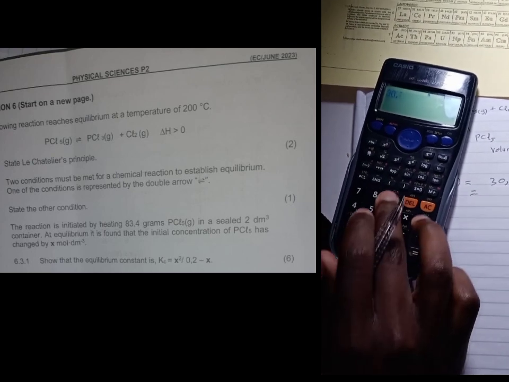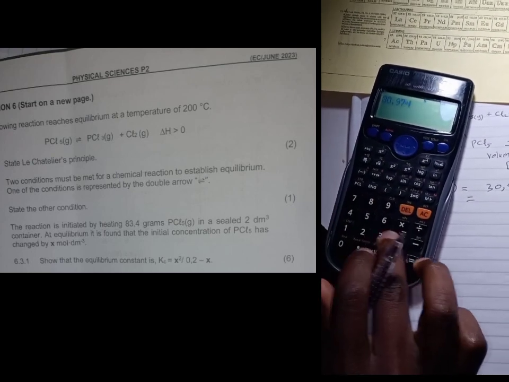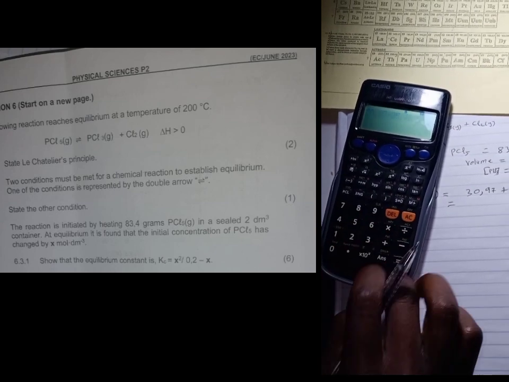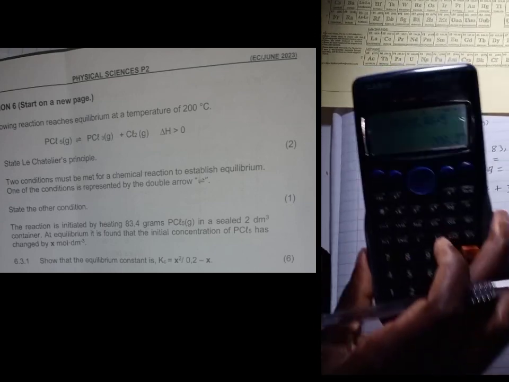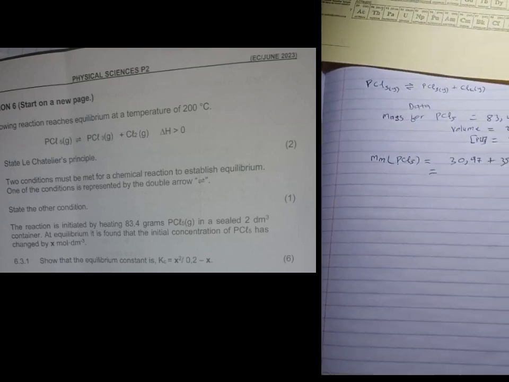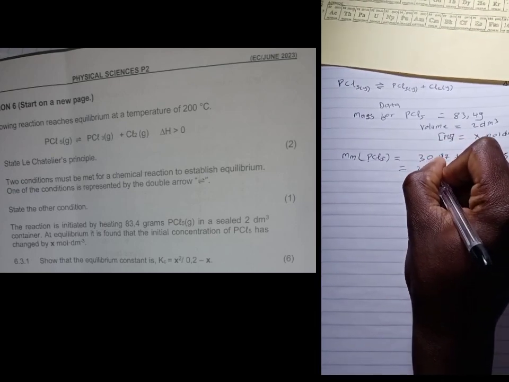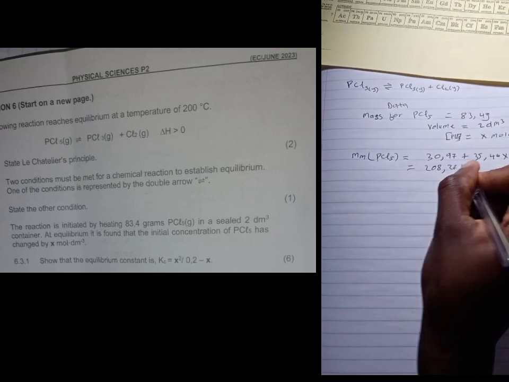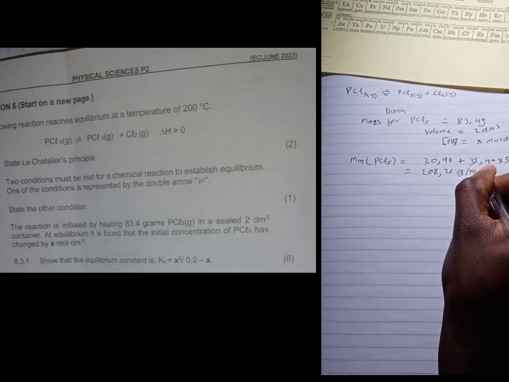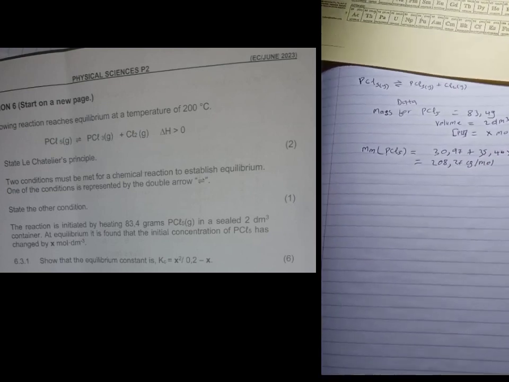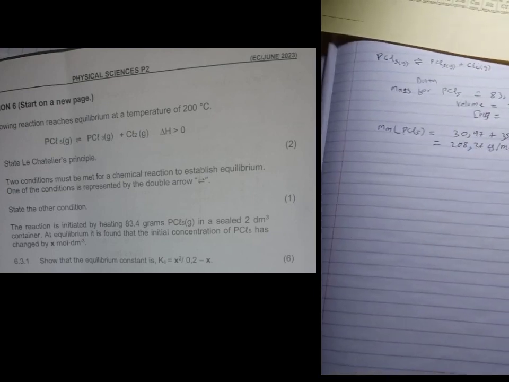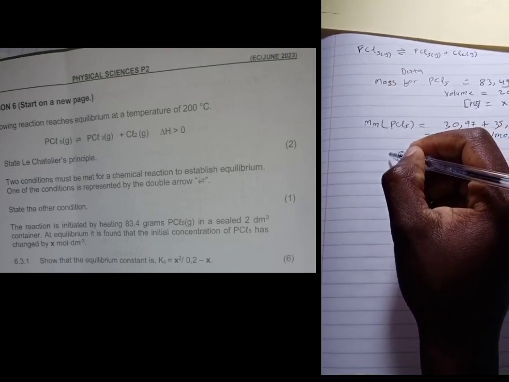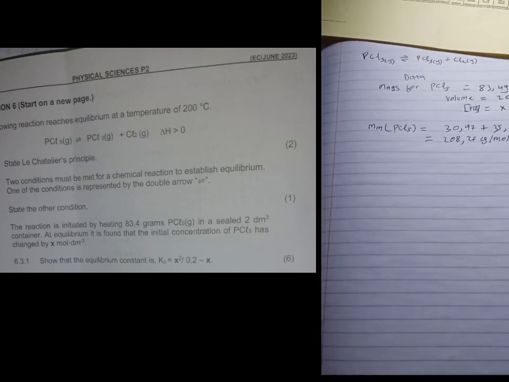So let's press in the calculator and see what we get. 30.97 plus 35.46 times 5, and we get 208.27 grams per mole. That's our molar mass. Definitely this is not the end.